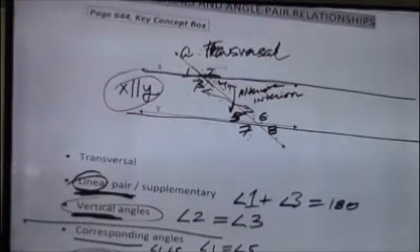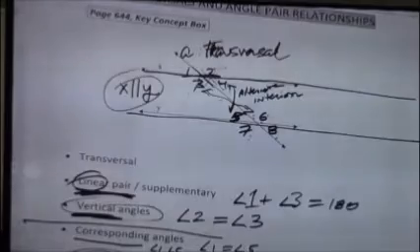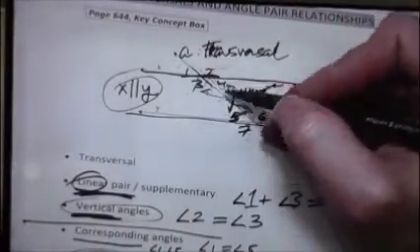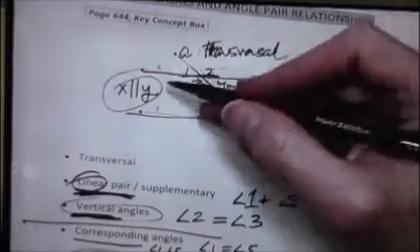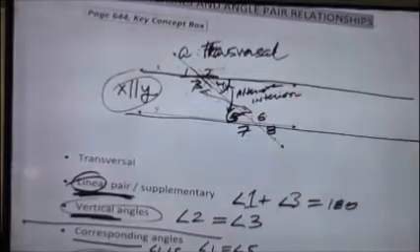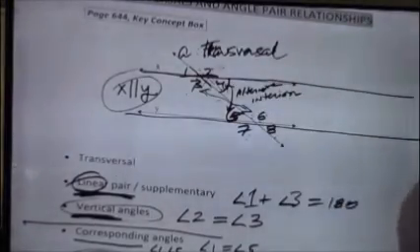These are a big deal because they seem to be the ones that people tend to get mixed up more than any of the others. Okay, they mix up what to do with them, and they mix up which ones they are. But visually, you can see that they're interior and they're opposite, and it means if these are parallel, then the amount of angle 4 is equal to the amount of angle 5. And 3 is equal to 6.